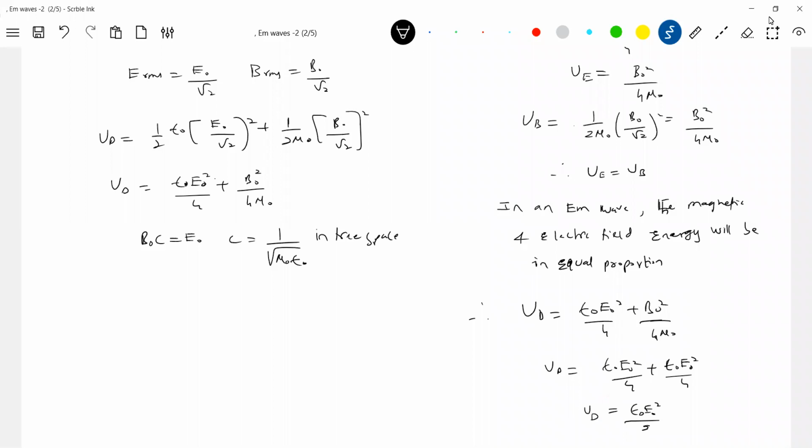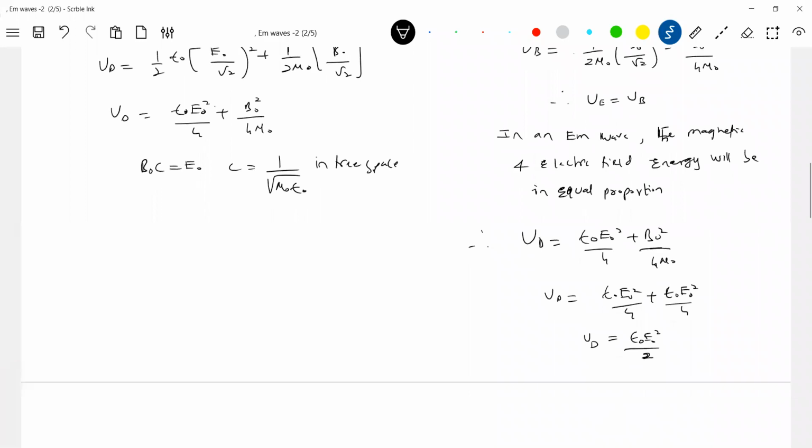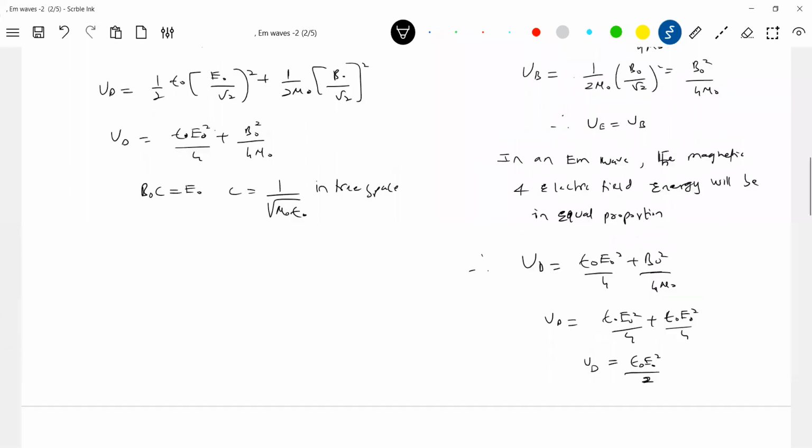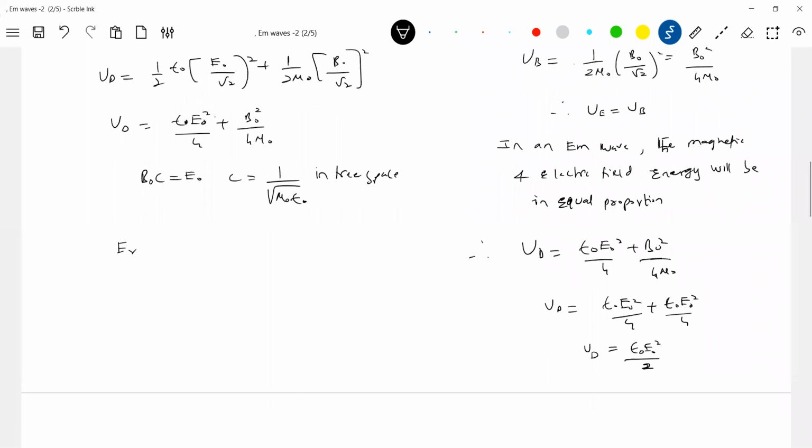Okay, this is the total energy density of an EM wave. Usually, if you are writing in terms of E naught, let me write it, and we know E naught is equal to E RMS.